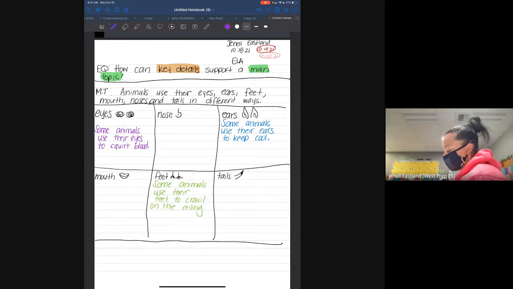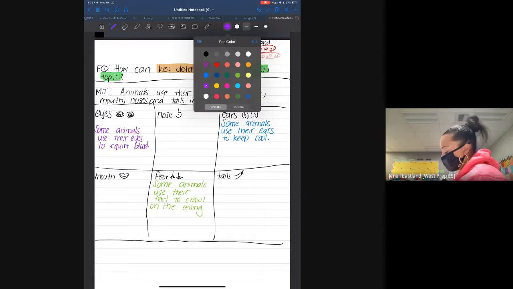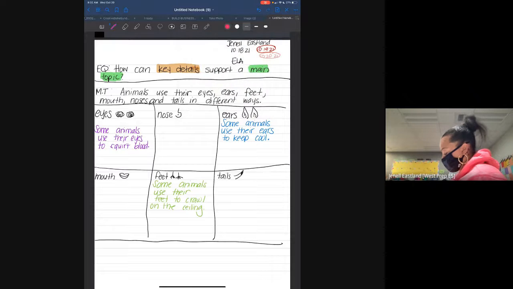And I'm going to pick Itzo. Can you tell me how an animal uses their tail? Oh, we want to say not the lizard, but some animals. Some animals can break off their tail. And can we add to that, Christian?